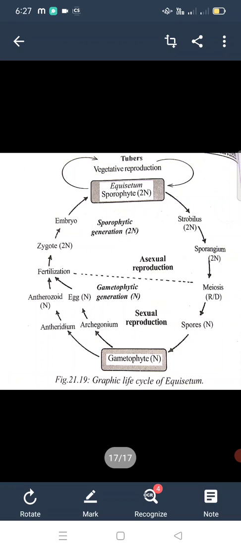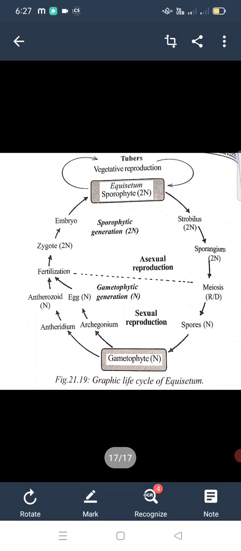So the gametophyte develops both antheridium and archegonium. Antheridia are at the tip of the erect branches, and archegonia are below the erect portion. After the formation of antheridium and archegonium, the antheridium produces antherozoids and the archegonium produces the egg cell.